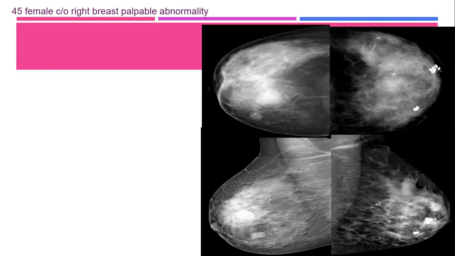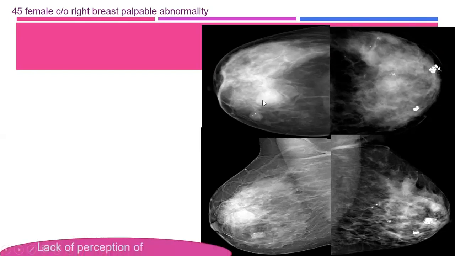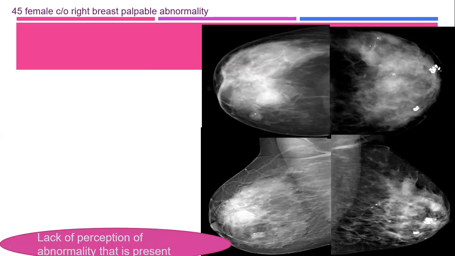But we could not appreciate this, or the radiologist who reported the case did not appreciate this skin thickening and subtle distortion seen here adjacent to this fibroadenoma. You see? And lack of perception. Why is there lack of perception here? Because of distraction due to an obvious benign abnormality.